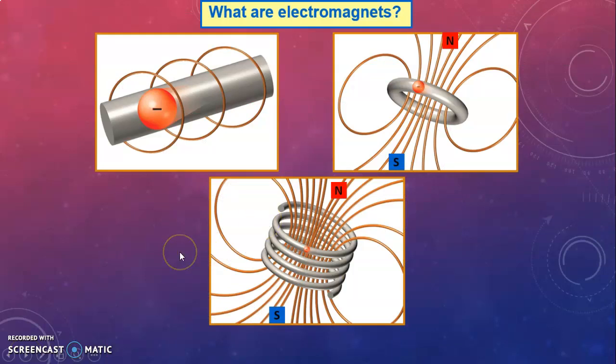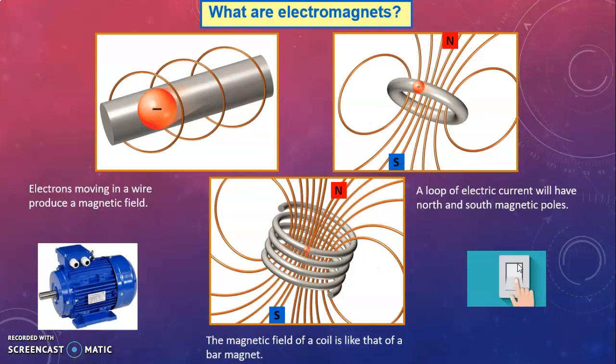What are electromagnets? Okay, let's use your imagination. What do doorbells like this and electric motors, as this one, have in common? ¿Qué tienen en común?